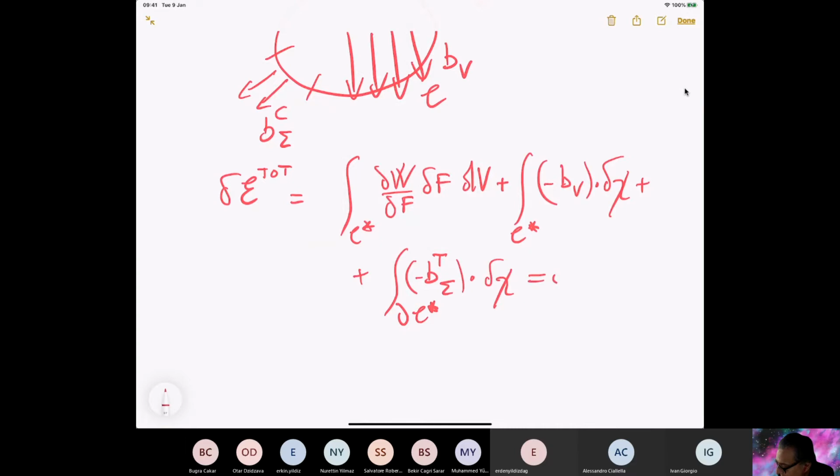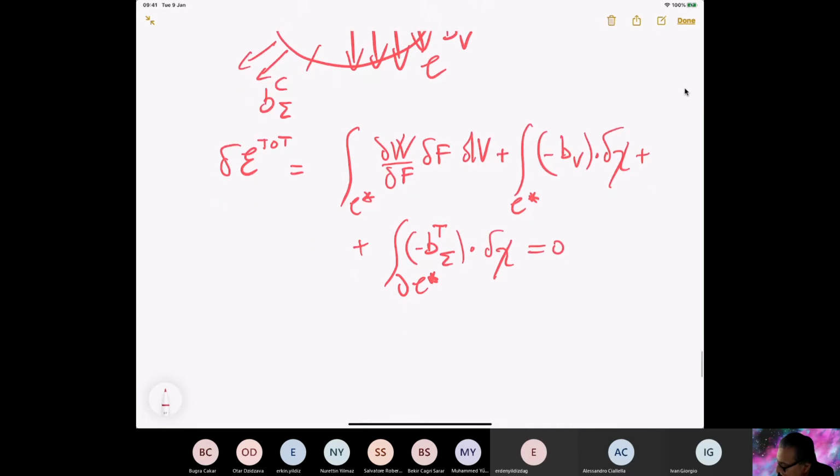And this has to be equal to 0 for every delta key.